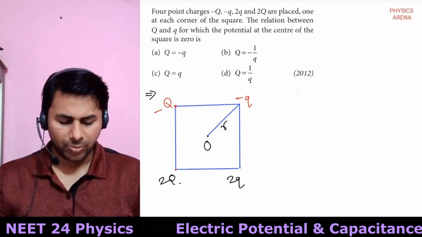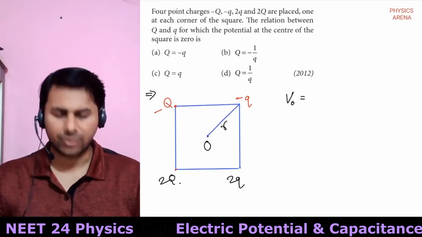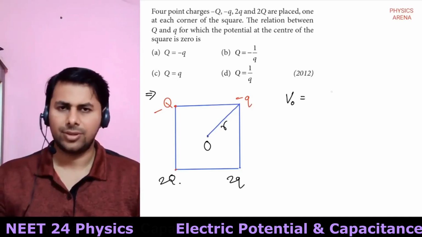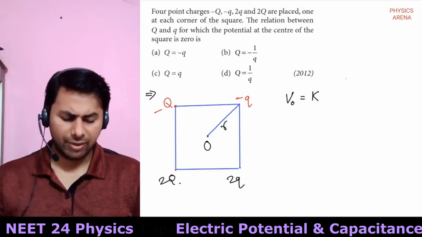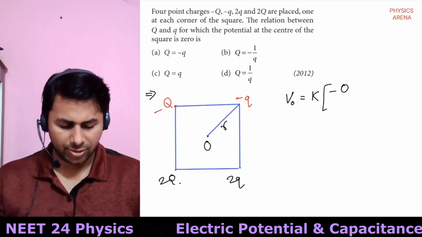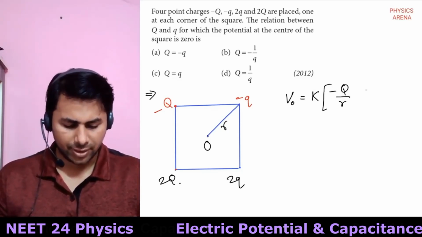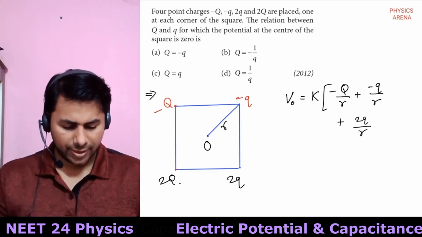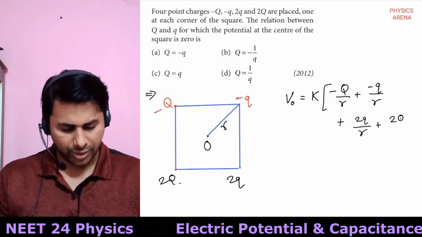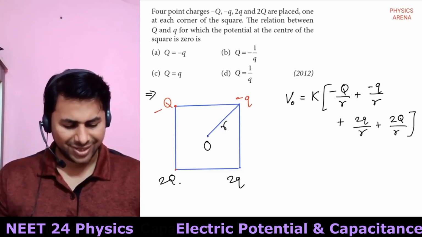So how much is total potential at center? Total potential at O is the sum of potential due to all charges. K will be common: minus Q by R, plus minus q by R, plus 2Q by R, plus 2 capital Q by R, right?